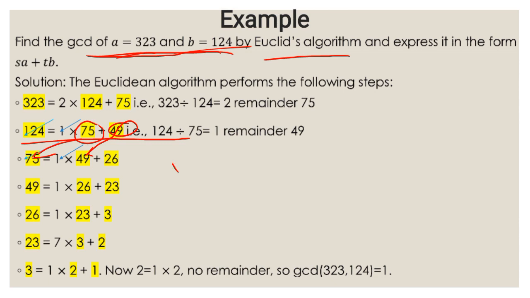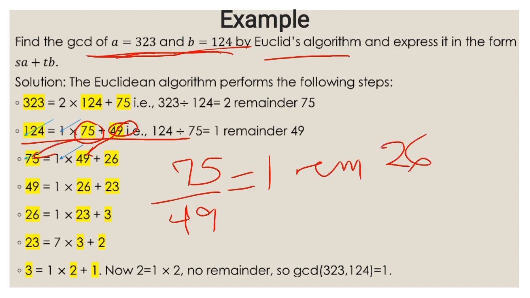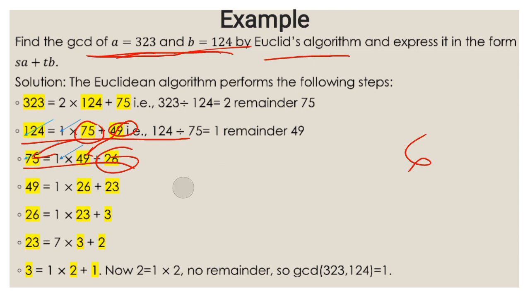So I take 75 again and divide it by 49. How many times does it go? It'll go 1 time. What's your remainder? The remainder is 26. You see that? Again, I can write 75 as what you see here, as 1 times 49 plus the remainder 26. You see it? Okay.